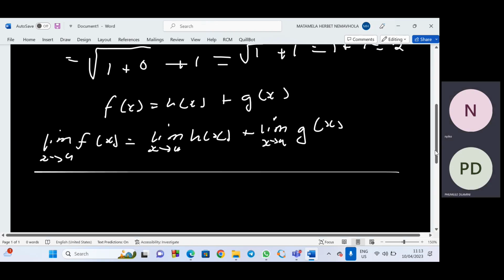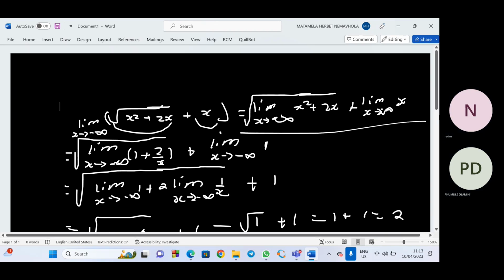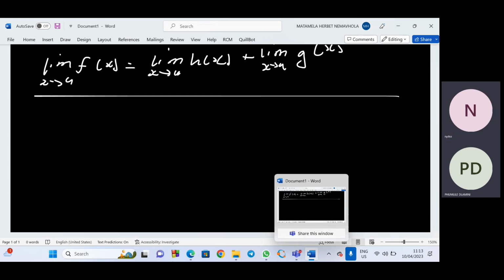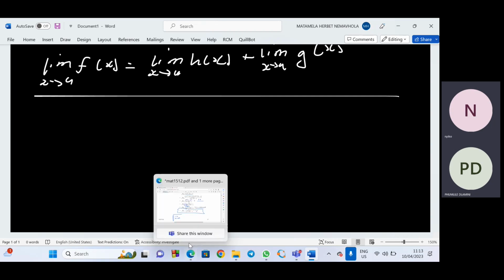So this is the step that I applied here. I'm going to verify that so that I can be sure whether I am the one who made a mistake, but I don't think so.